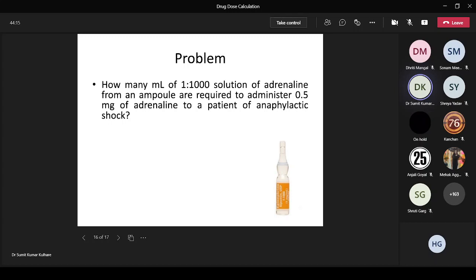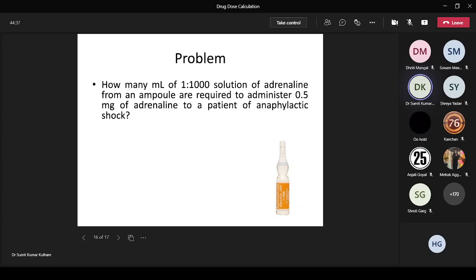Only the concentration is mentioned. In spite of knowing everything, if you are not clear how to decode this 1:1000, in spite of having all the knowledge and resources, you won't be able to help the patient. So these things are important clinically also.